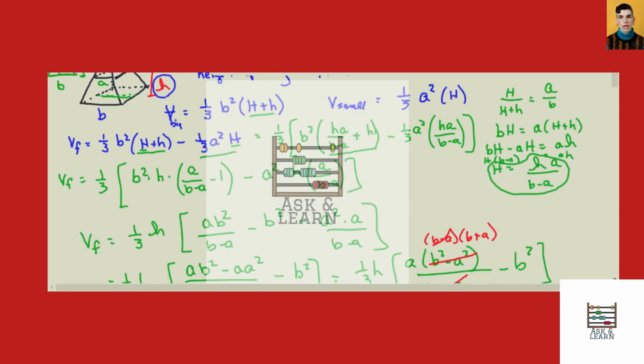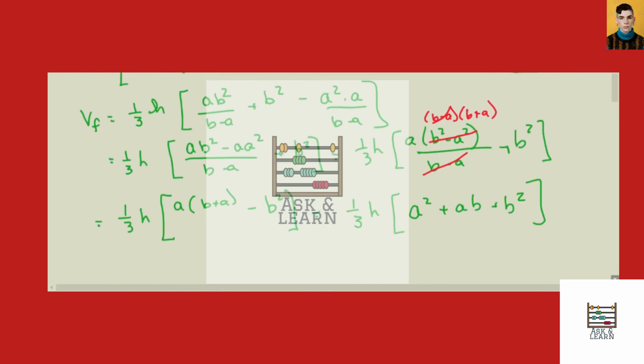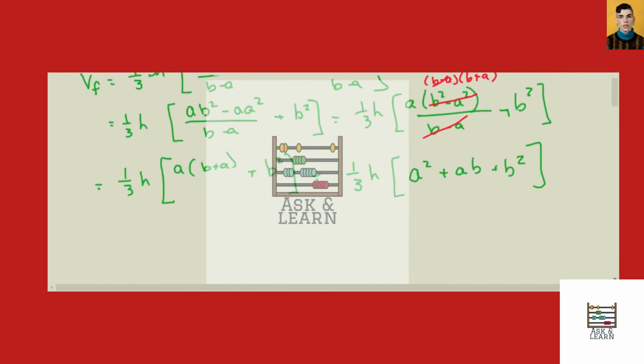That should be a plus, making this a plus, this a plus, and it turns out the way it should. Volume of the frustum is 1/3 of h times A squared plus AB plus B squared.